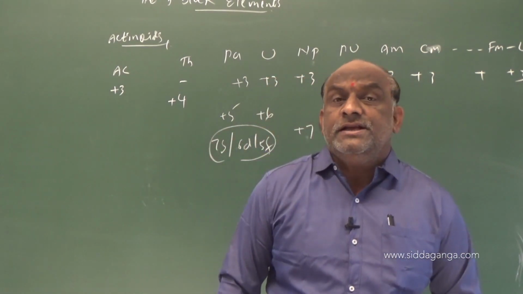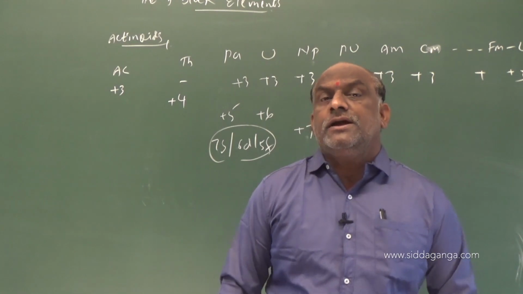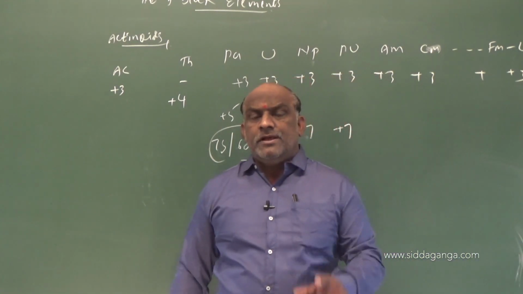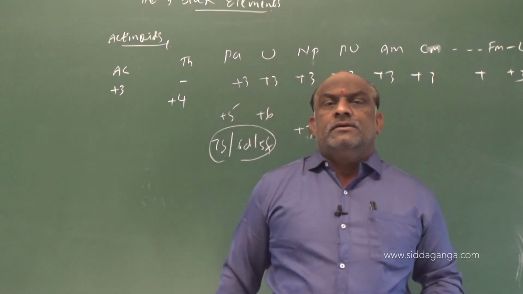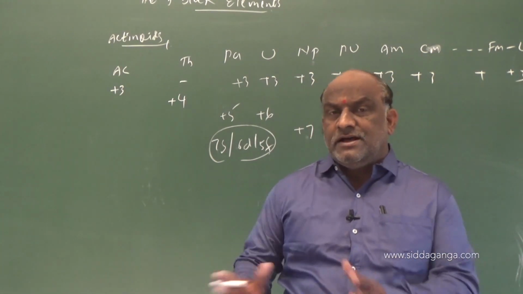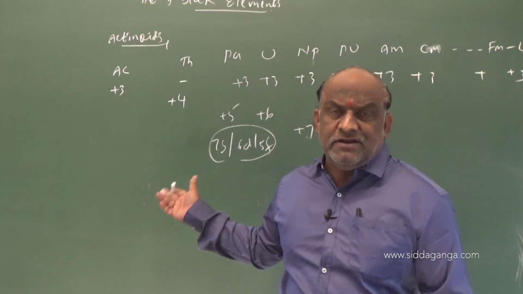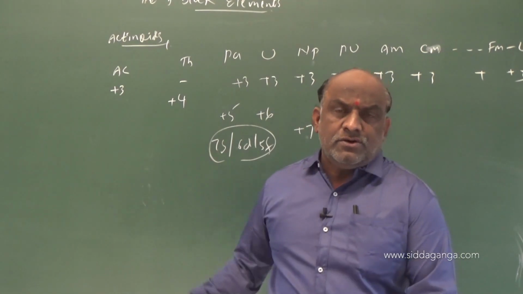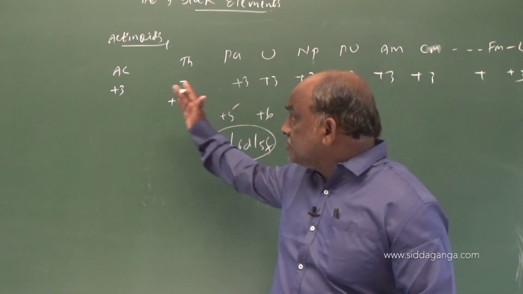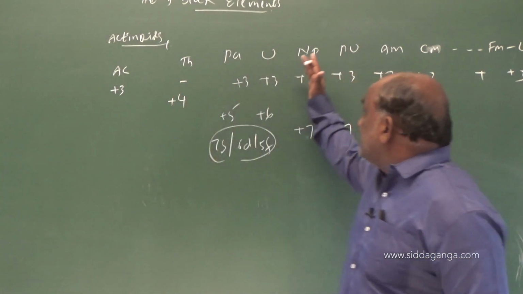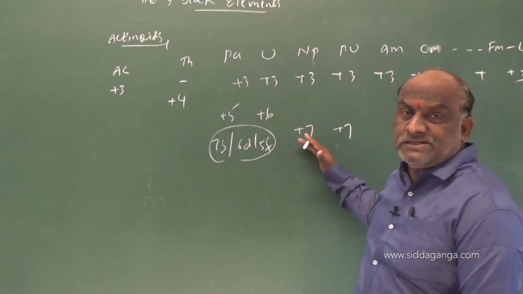The 7s, 6d, 5f gap is not considerable, so minimum energy is needed between the 7s level, 6d level and 5f level. So the earlier elements exhibit the maximum oxidation state, that is plus 7.